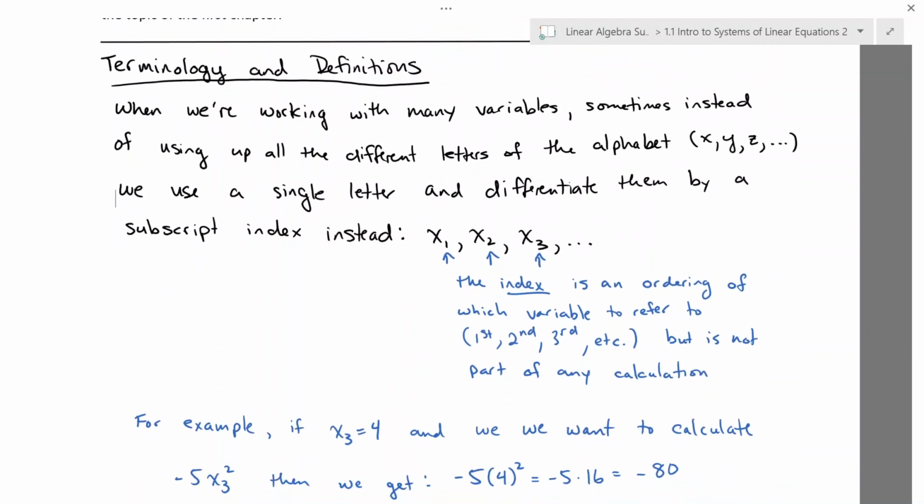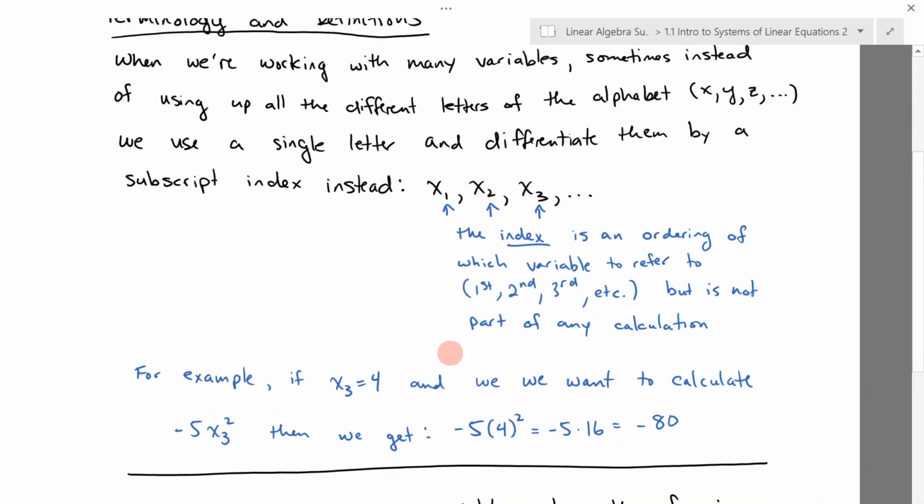One thing to remember when using this index notation is that the number is just a labeling to differentiate the variables. So the number itself is not used in any kind of calculation. What do I mean by this? For example, here I have some variable x3, so it's the third x variable in some kind of problem, and say it has a value of 4.